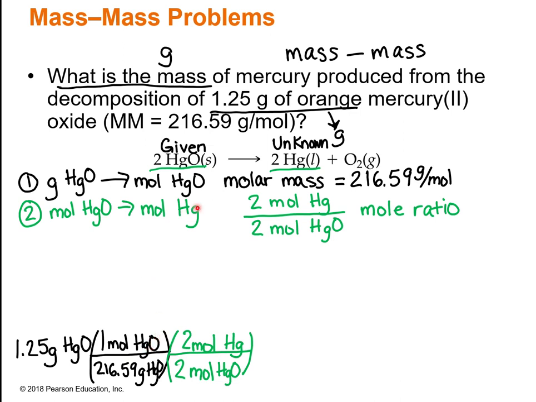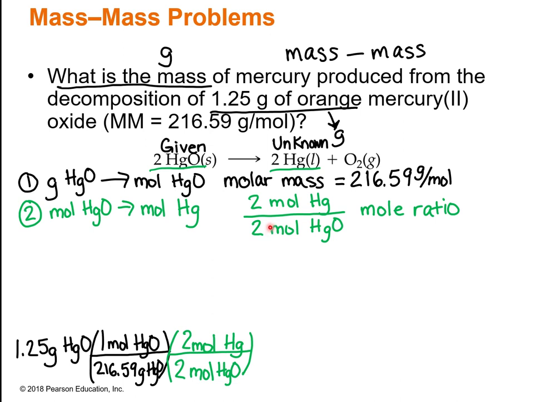The next thing we have to do is figure out how many moles of mercury we can make from that number of moles of mercury 2 oxide. For that, we have to get a mole ratio from the balanced equation. For every 2 moles of mercury that you make, you're going to need to have 2 moles of mercury 2 oxide.